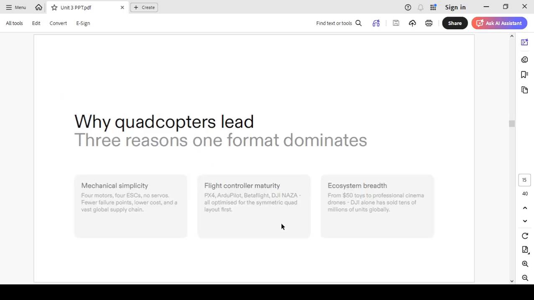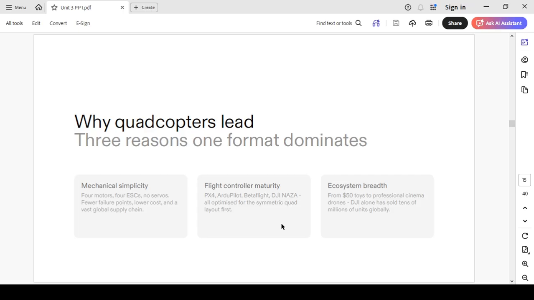So why do quadcopters lead? These three reasons: mechanical simplicity, flight control maturity, and the ecosystem in terms of controlled flight. Four motors, four ESCs, no servos required, and fewer failure cases. Coming to the flight controllers, we generally use Pixhawk flight controllers, Betaflight, Arduino, DJI kinds of flight controllers.